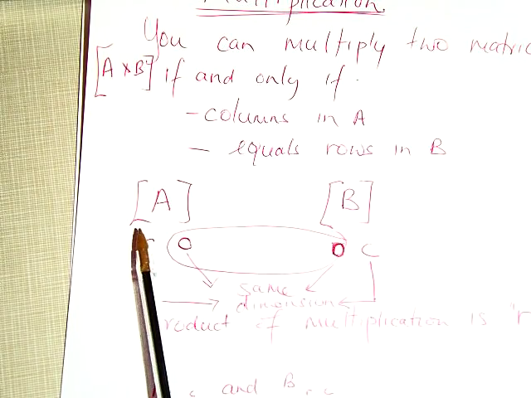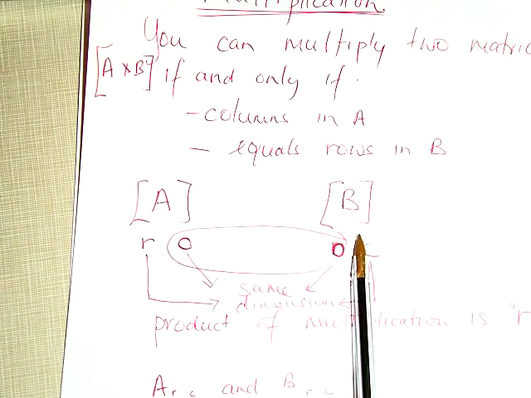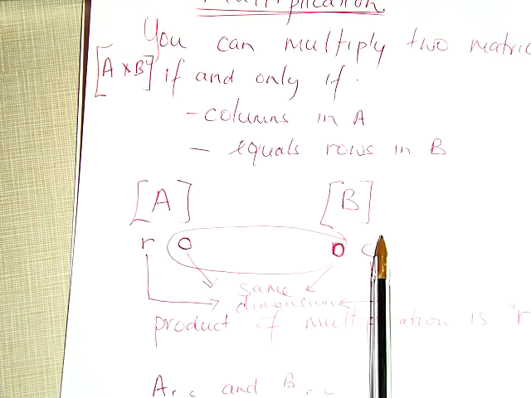So let's say that this was 2 and that's 3. The answer is going to be a 2 by 3 matrix.